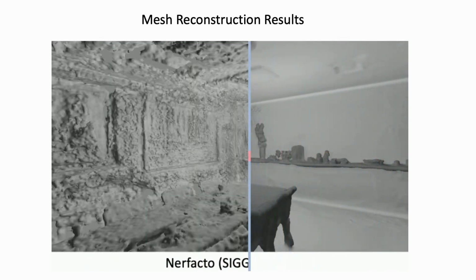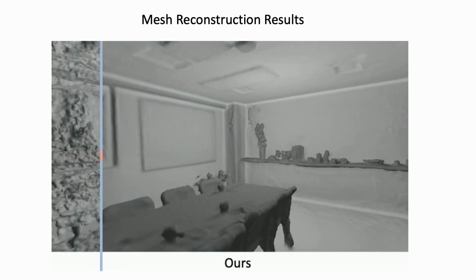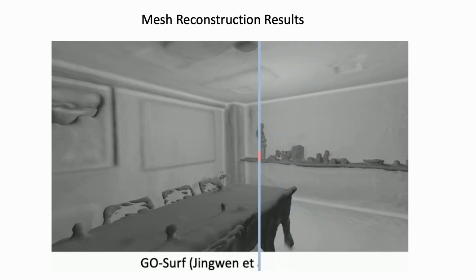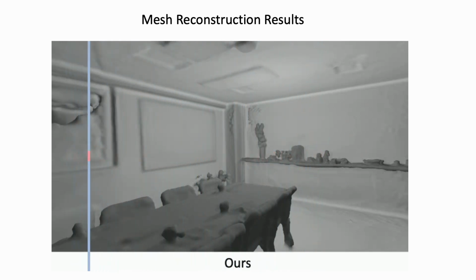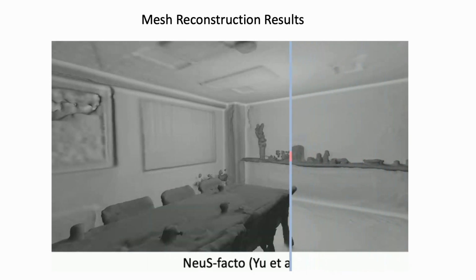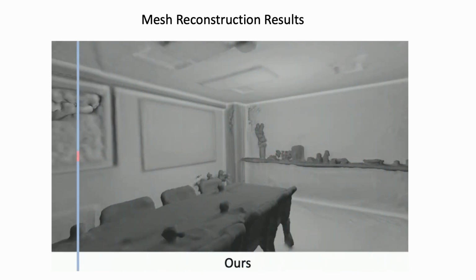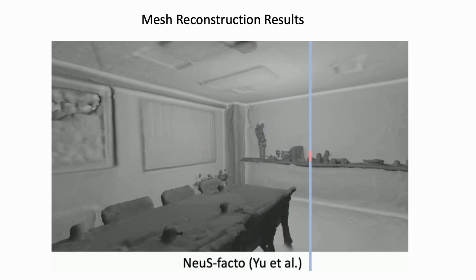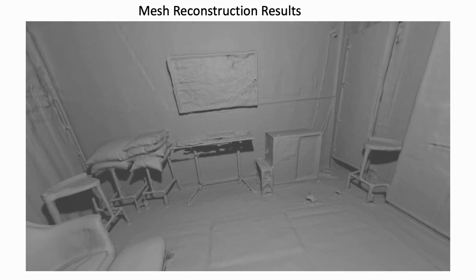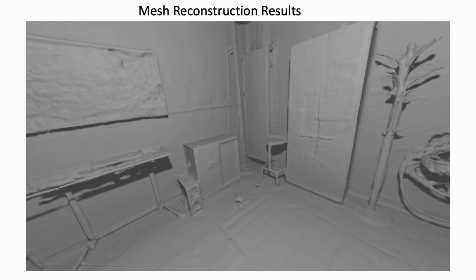Nerfacto is excellent in rendering quality but is much worse than others in terms of mesh completeness. GeoSurf and MuSHRoom predict SDF, which regulates the mesh without ambiguity, but their synthesis qualities are worse than NeRF. Nevertheless, our method provides a good trade-off for the reconstruction and rendering quality.